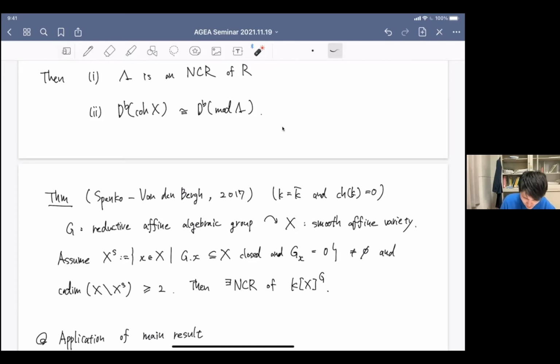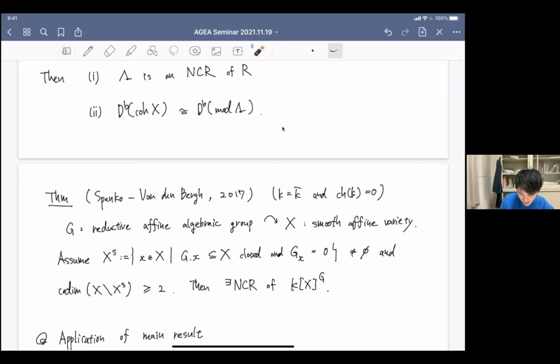And let G be a reductive affine algebraic group acting on a smooth affine variety X. And assume that X^s, corresponding to the smooth locus in the quotient, which is defined to be the points x such that the orbit of x is closed and the stabilizer of x is trivial, is not empty, and the codimension of the complement of X^s is greater than or equal to 2.